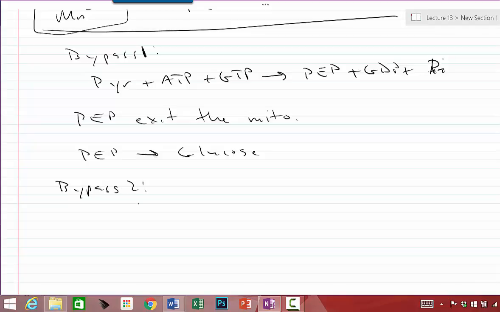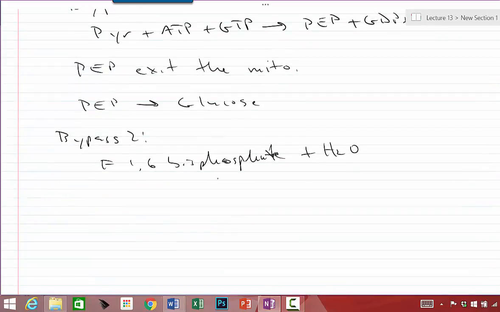We have fructose 1,6-bisphosphate plus H2O, and that's going to create fructose 6-phosphate. I'll just abbreviate that as F6P, plus an inorganic phosphate.